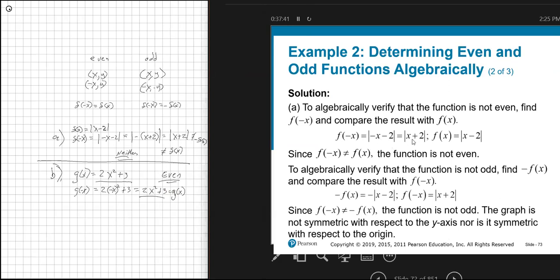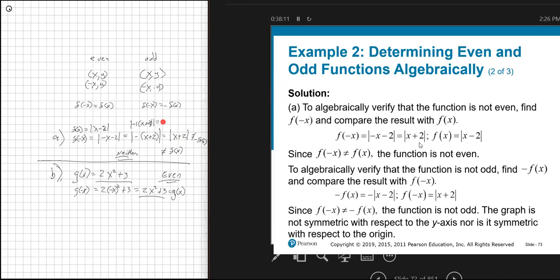They didn't show how you get from here to here, but we did. And to break this part down even further, we get -1 times x plus 2. If you're taking the absolute value of a product, you can say it's the product of the absolute values of the factors.